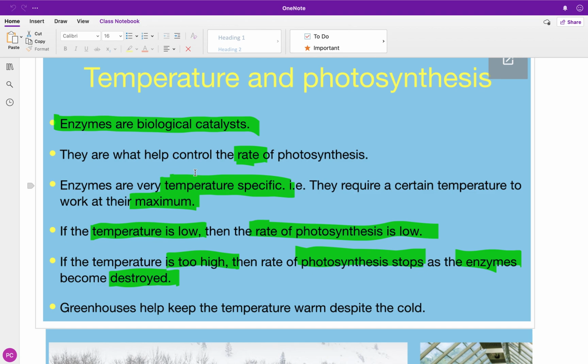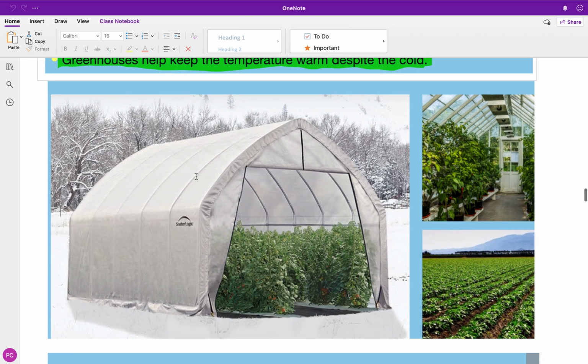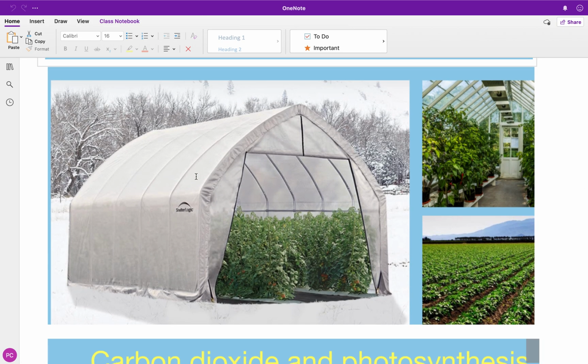Things like greenhouses can help keep the temperature warm. So if you're working for Keeling's Fruit and you're trying to sell people a punnet of strawberries for $4.50 out of Centra, then you're not going to want people stopping buying their strawberries in December just because it's cold. So what they do is they produce big, massive versions of this. We have one at the back of the school actually. I bought one back in October, and we're going to be growing our own seeds with the TYs now in the spring. But the idea is that, and you've heard of the greenhouse effect, it keeps the plants nice and warm.